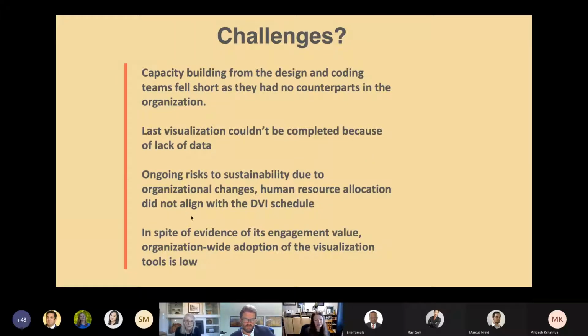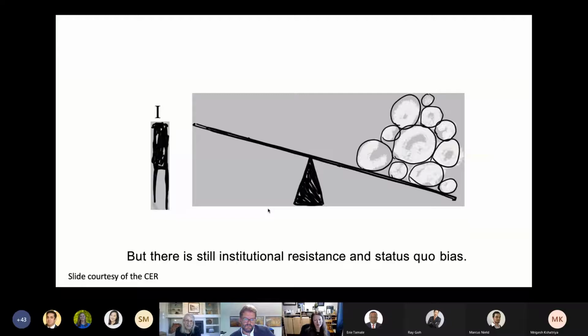So the challenges: you still have resistance. That's part of change, right? Change is not linear. It goes up and down, and it's got highs and lows. There is resistance at some points, but I find that it's mostly a way forward.